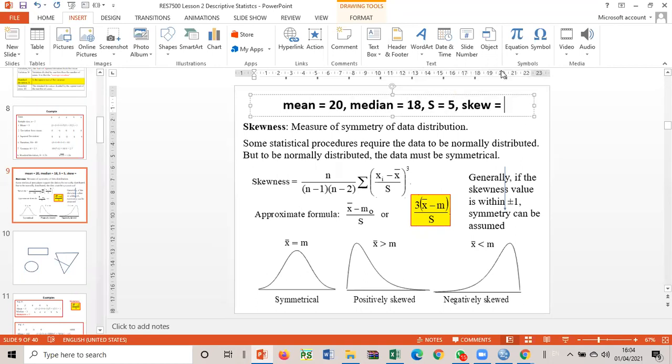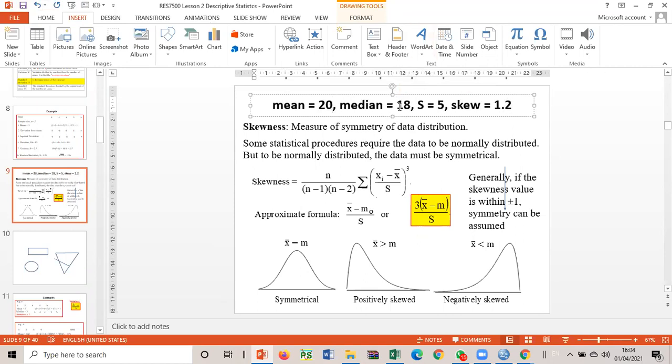What's the answer? 6 divided by 5, 1.2. Yes, 1.2. So this alone, the mean and median alone, is not enough. We need the standard deviation.